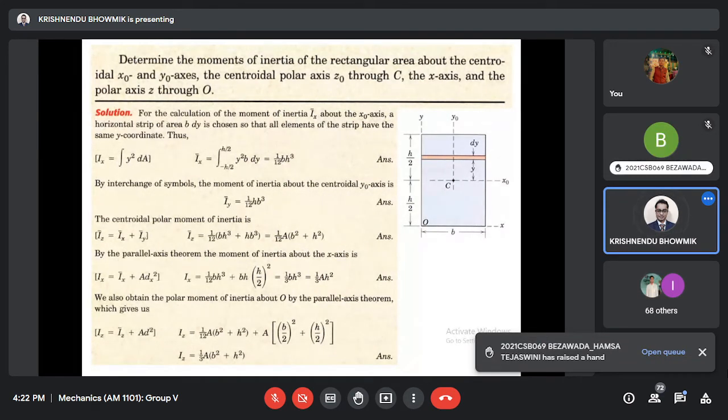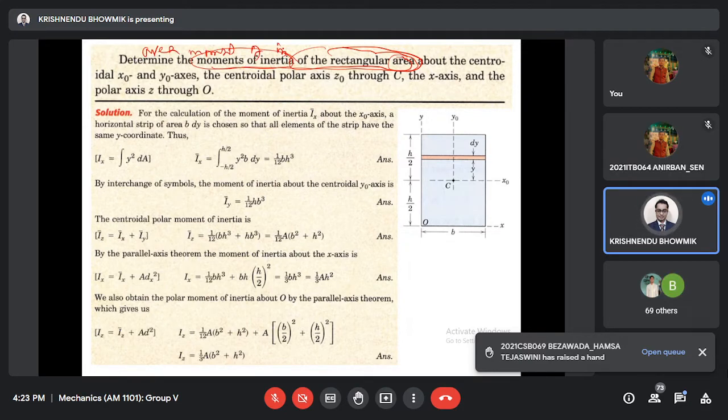It has been asked to determine the moment of inertia of the rectangular area. Here it is area moment of inertia, not mass moment of inertia, so the unit will be L power 4.